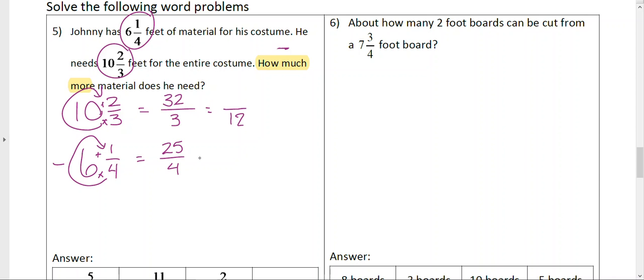And remember, you can use a multiplication chart for this. 4 times 3 is 12, so 25 times 3 gives me 75. And then 3 times 4 is 12, so I'd need to do 32 times 4. I don't know it, so I'm going to write it out to the side. 32 times 4. 4 times 2 is 8. 3 times 4 is 12. So that gives me 128 over 12.